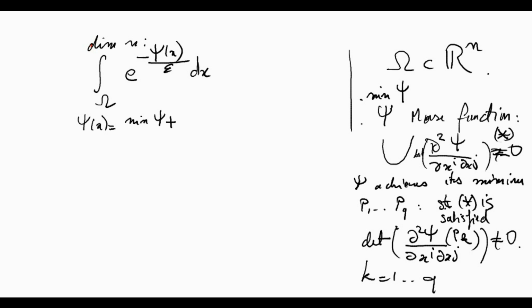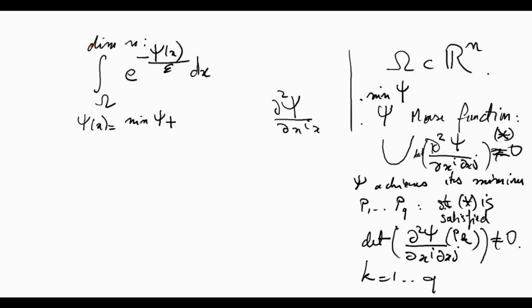Since psi is at least C2, or sufficiently differentiable, we can always use an orthogonal frame in which the matrix is diagonalized because it's a symmetric matrix.